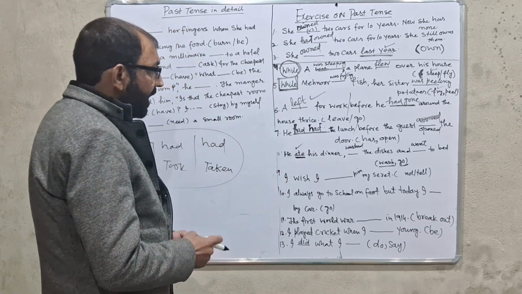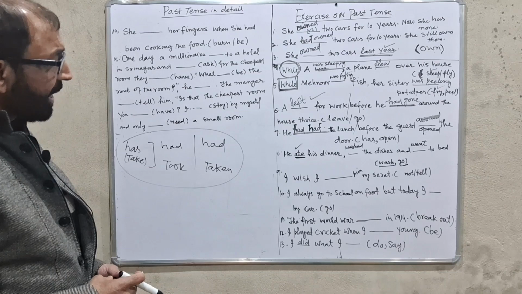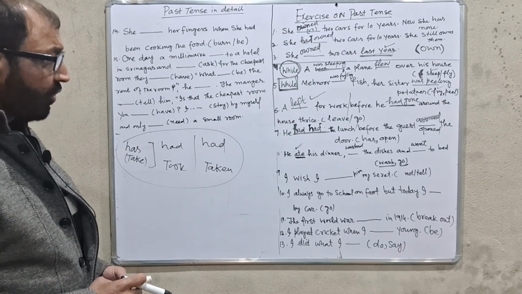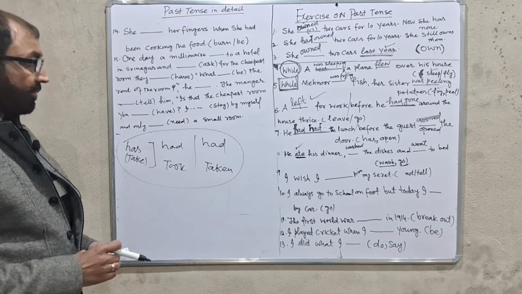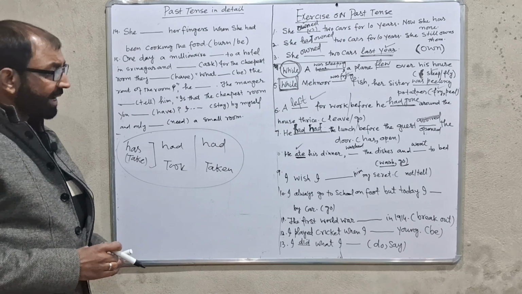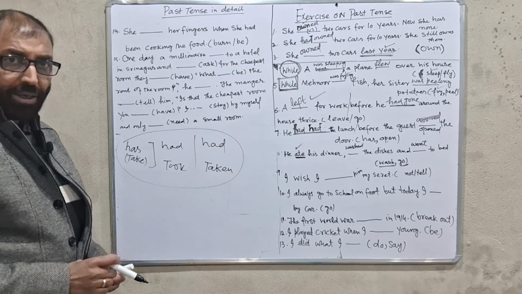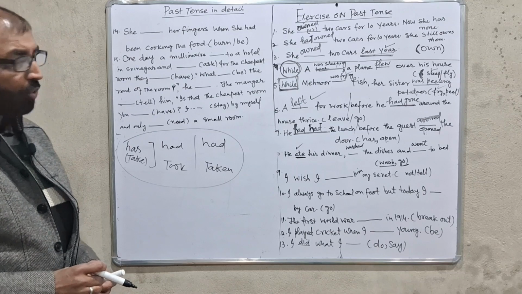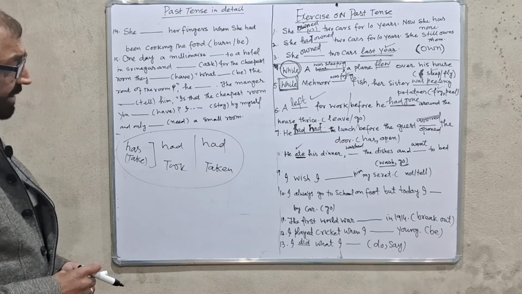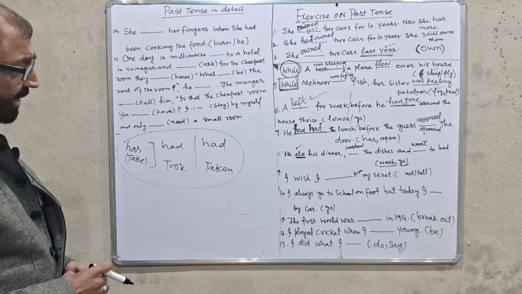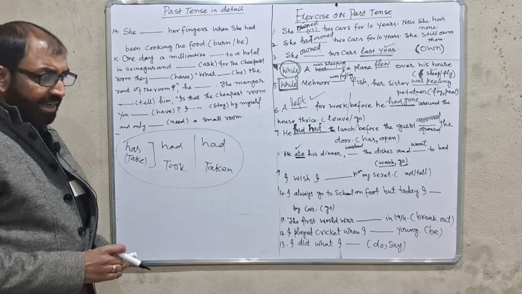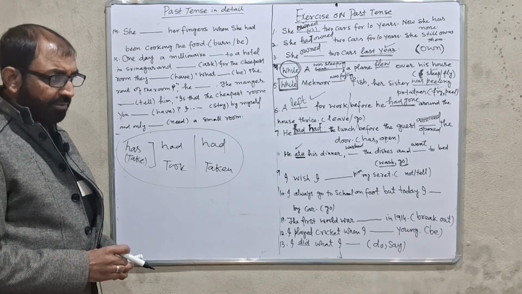Point number 9. I wish I dash him my secret, not tell. One more thing you have to remember: unfulfilled wishes, unfulfilled hopes are always expressed in past perfect tense. Past perfect means had plus verb third form.